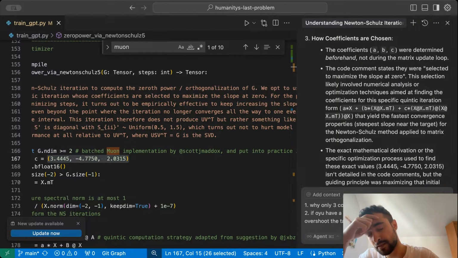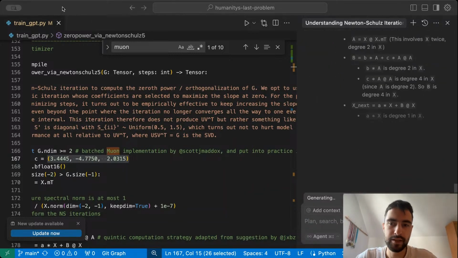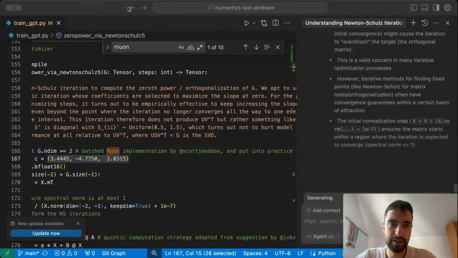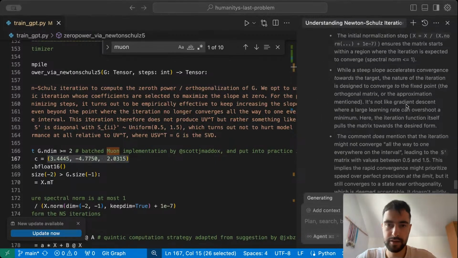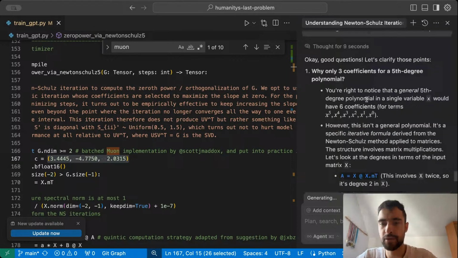So you just apply it a bunch of times until you get approximately near target. But let's see if it's going to answer that. Okay, let's see what it wrote.